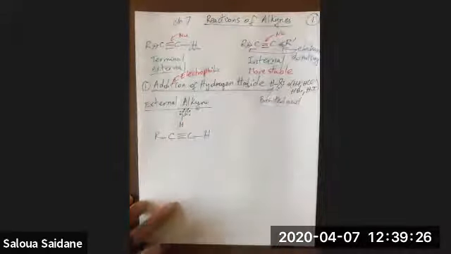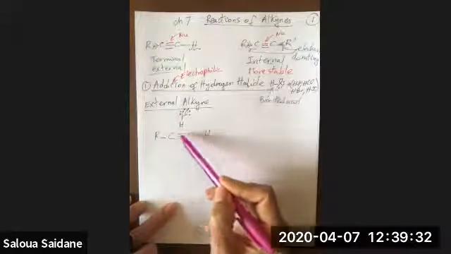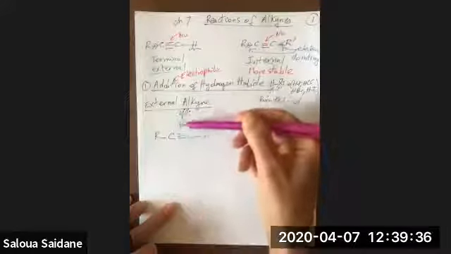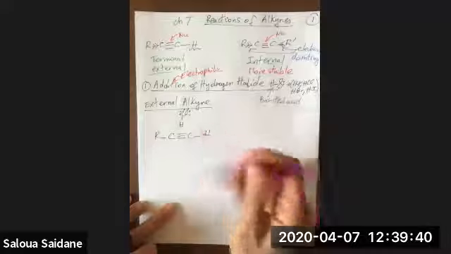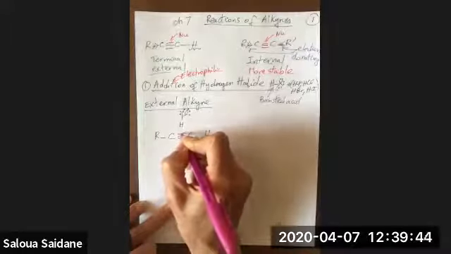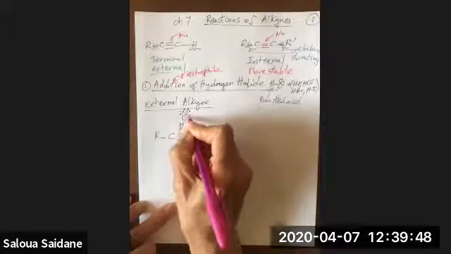So basically, what you need to understand is at this step right here, the hydrogen kind of sits between these two carbons. It just kind of fits right between these two. And so as a result, you're going to have this and this.